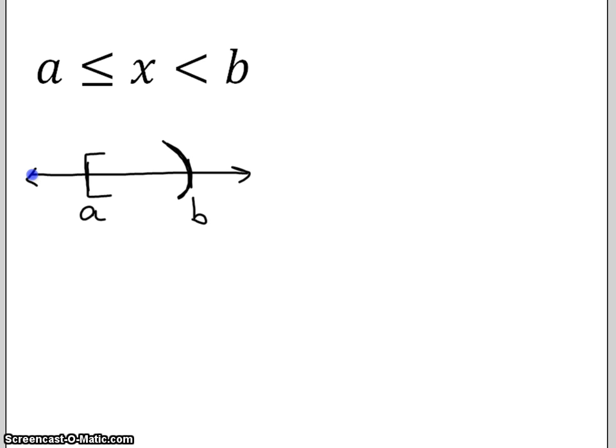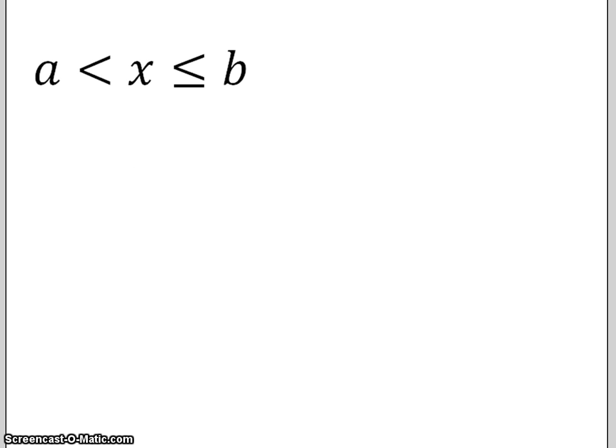That means B is actually not an answer, but every real number up to B is an answer, and you shade everything in between. Watch how the graph and the interval notation look exactly the same. There's the graph, and here's the interval notation: the interval from A to B, including A, not including B.